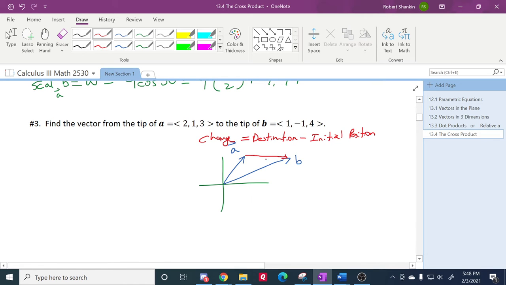And so it's going to be B minus A. Well, all I have to do is 1 minus 2, which is negative 1. Negative 1 minus 1, negative 2, 4 minus 3 is 1, and I have it. That's the vector from the tip of A to the tip of B.